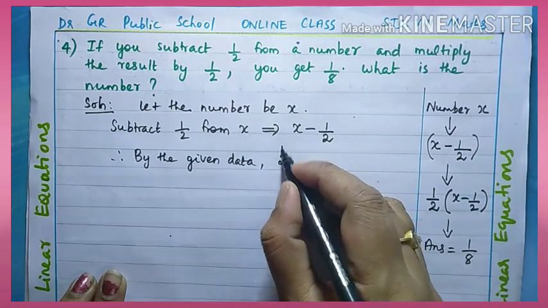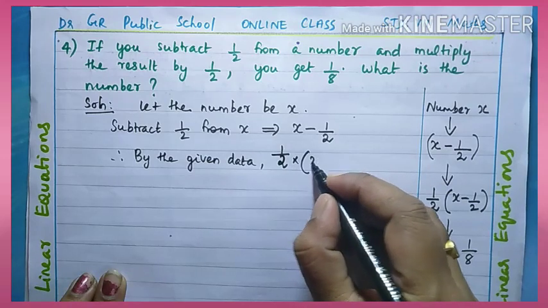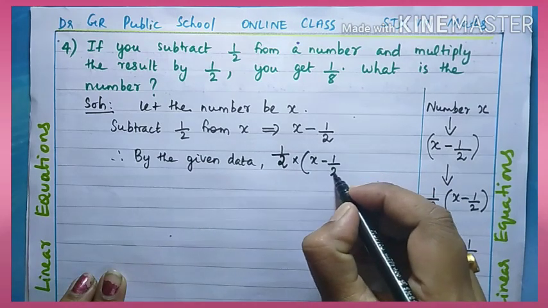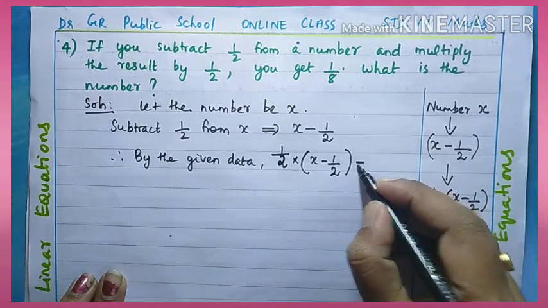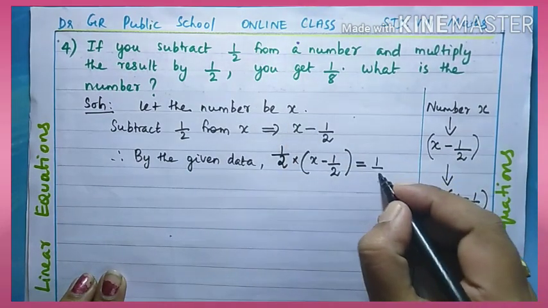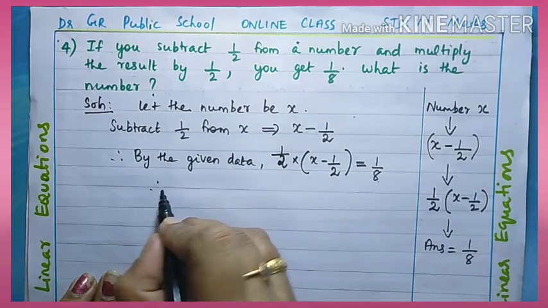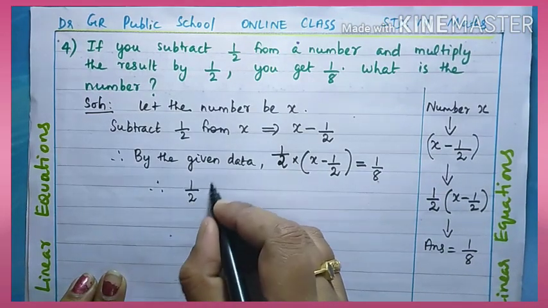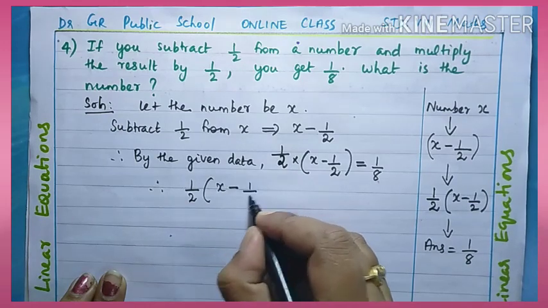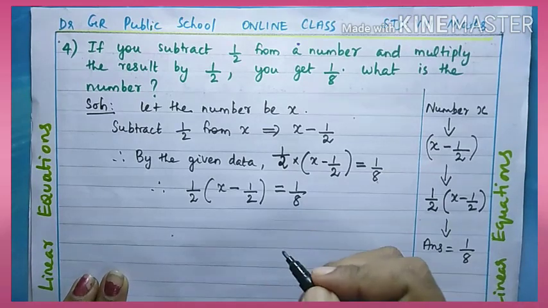1 by 2 is multiplied by this result x minus 1 by 2 to get what we are getting. You get 1 by 8. Therefore 1 by 2 into x minus 1 by 2 equal to 1 by 8 is the required equation.